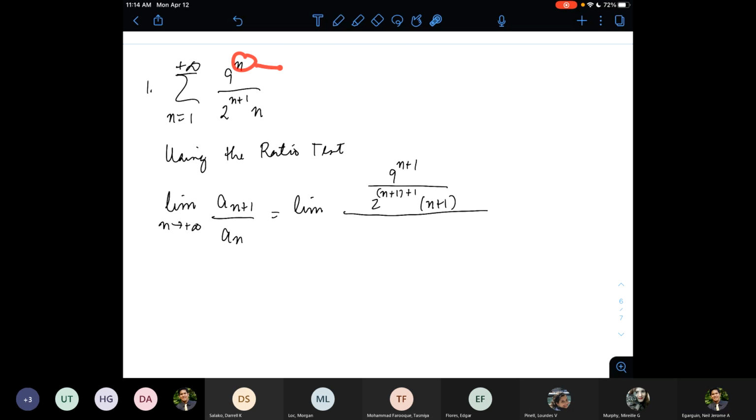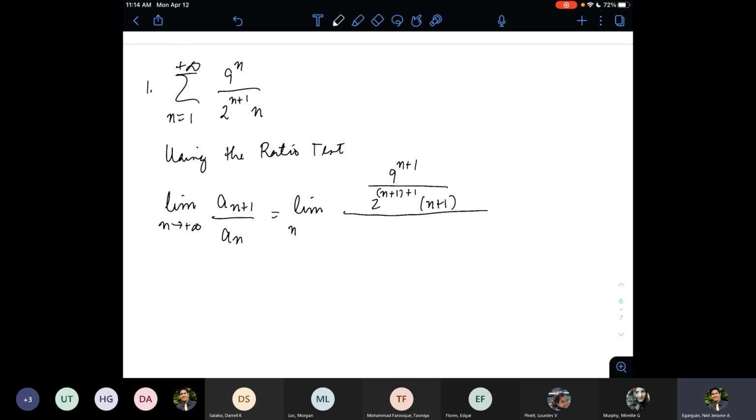Look at what happened. I replaced all n's by n plus 1. The n plus 1 for the exponent of 2 was replaced by n plus 1 plus 1, because I changed all n's by n plus 1. And then this n here was also replaced by n plus 1.